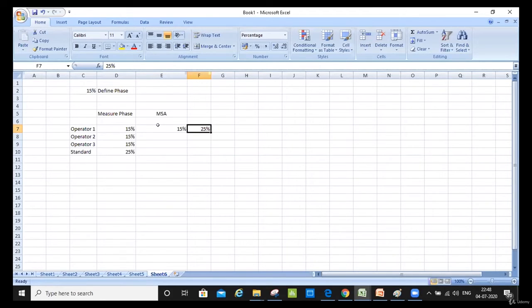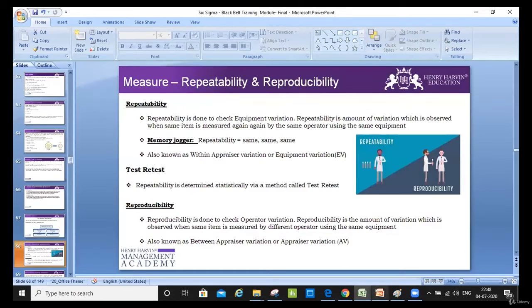But won't it be that the three operators are agreeing with each other? If we just take a look at them and we don't have the standard to deal with, then we would say our measurement system is perfectly reproducible. But the definition of repeatability says that it has to be one operator who is repeatedly measuring and getting differences.